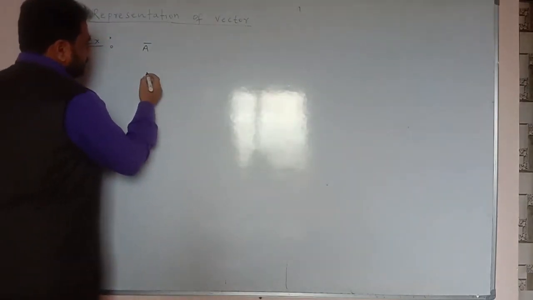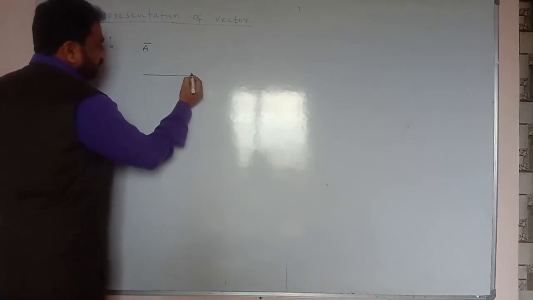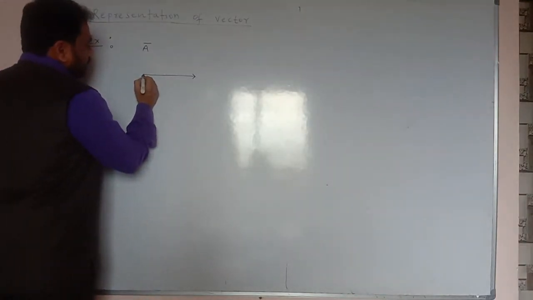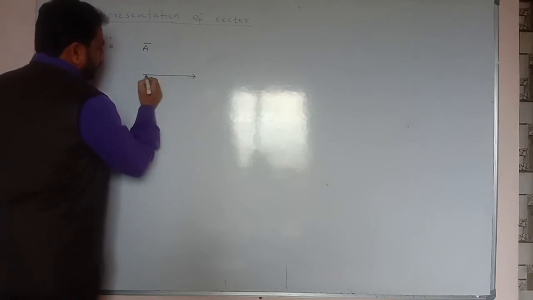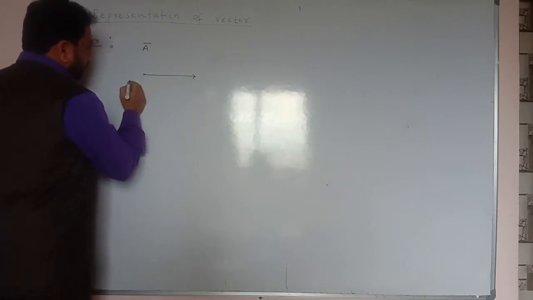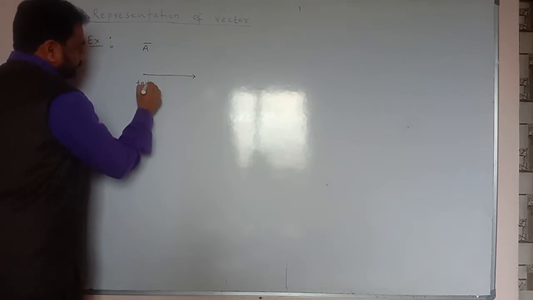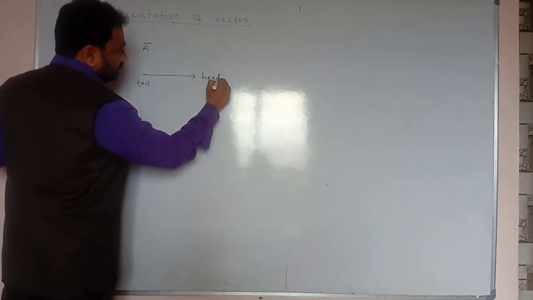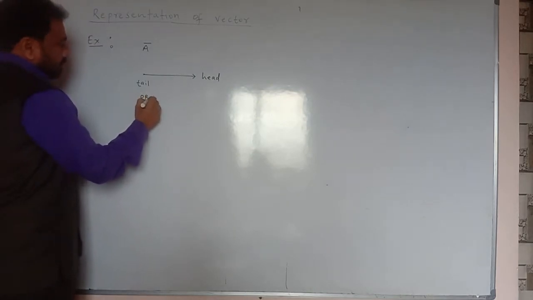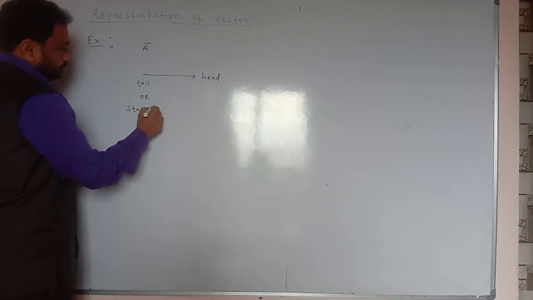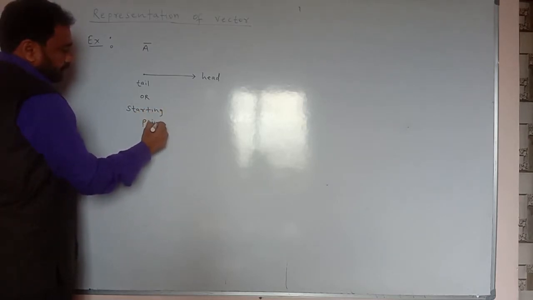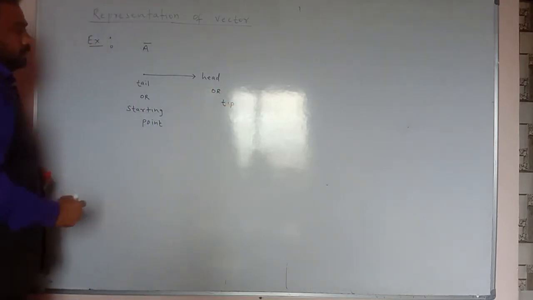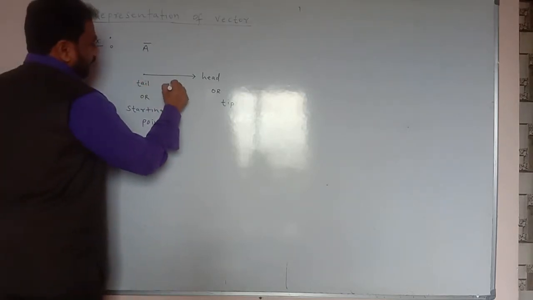For that purpose, you just have to draw a straight line, okay, and put one arrow here. Whatever point at which you start to draw the straight line, that point is called the tail, and the arrow which you put is called the head, or this tail is also called the starting point, and this head is also called the tip. So in this way we can represent vector A.